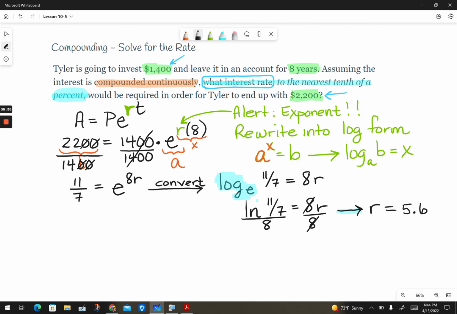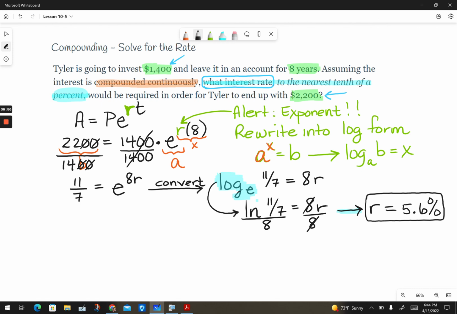If you use the math button and arrow up to log base and hit enter, you keep the log instead of ln, and you put here the value of E. The value of E is right here above the division symbol. It's in blue. Do you see it?